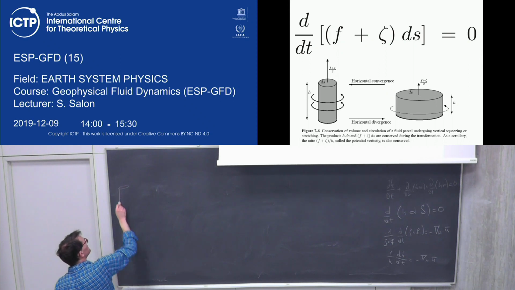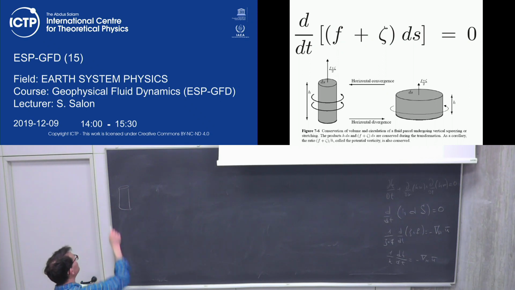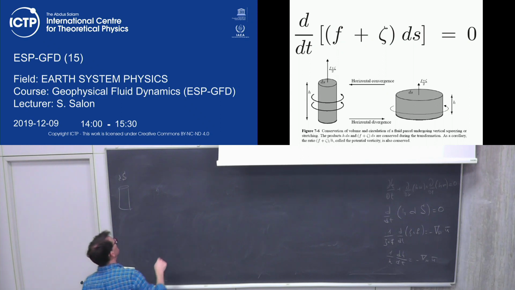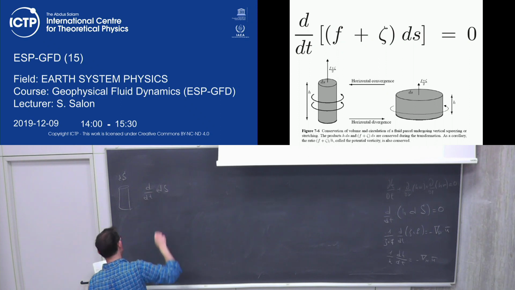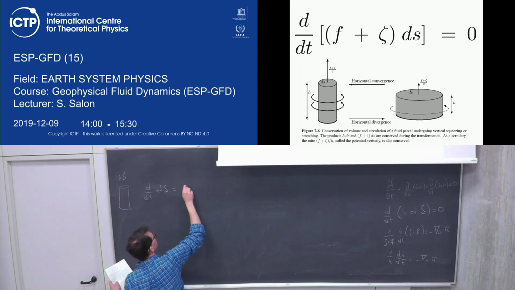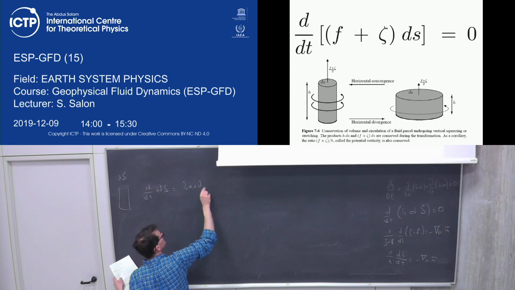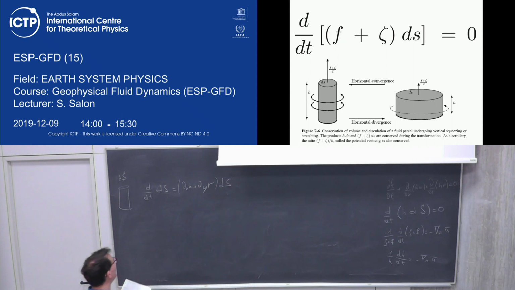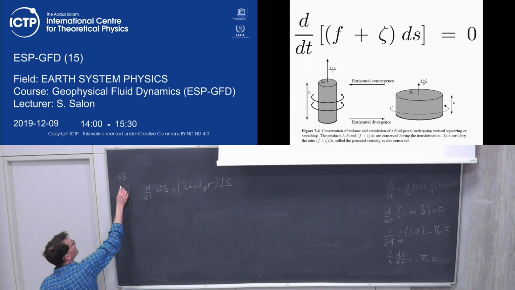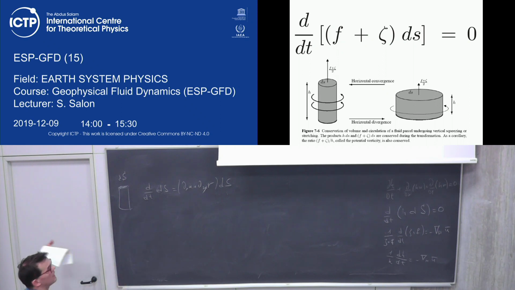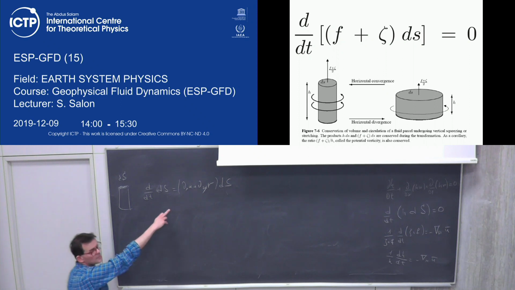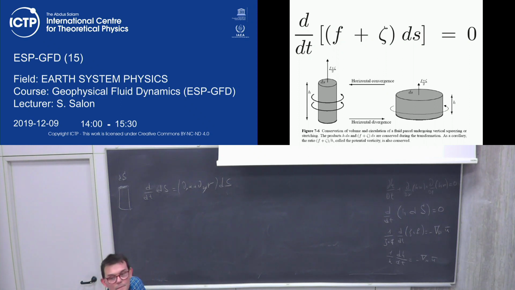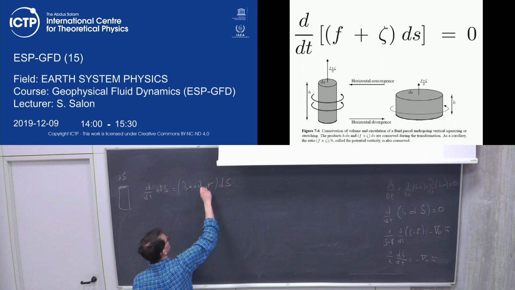So if we just consider the fluid parcel with ds, we can say that the variation in time of ds is equal to dxu plus dyv ds. Okay, so how the surface is enlarged or decreased in time, it depends on the dxu plus dyv.